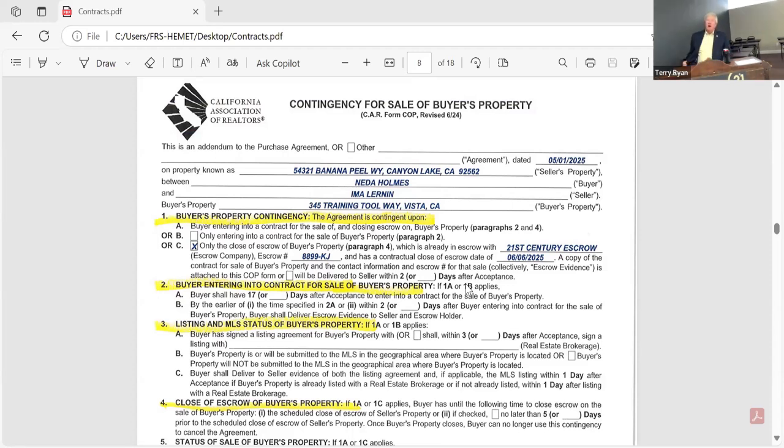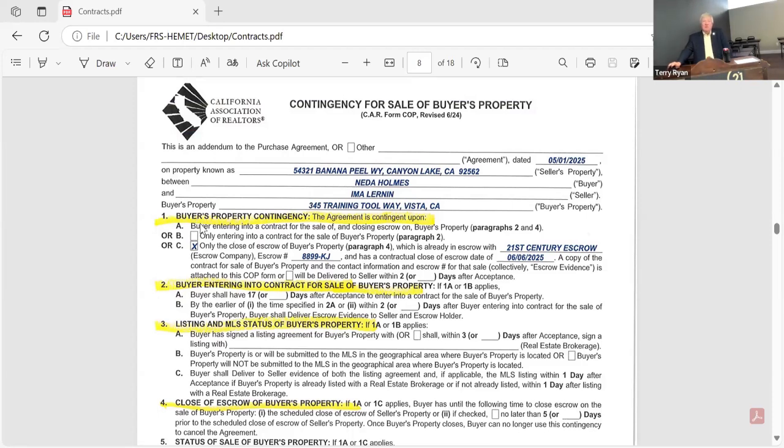So you check that box, which says that there's a contingency for the sale of the buyer's property, and this form downloads for you. And this form says that we have to sell a property. There are some things that you can check on here that either strengthen or lessen an offer. And so pay attention closely to what those are.